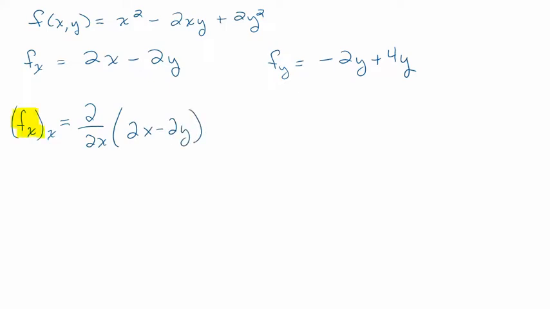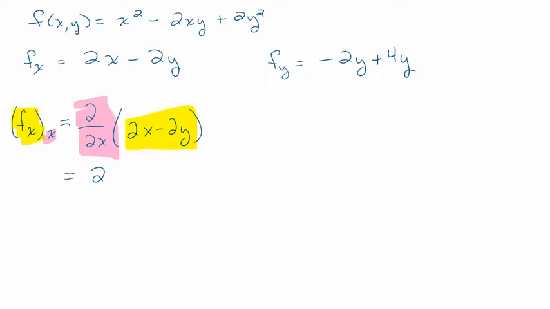This business is this business, and this business is this business right here. All right, well, that's pretty easy computationally. The derivative with respect to x is just 2, and then the 2y I treat like a constant, so I just get 0.